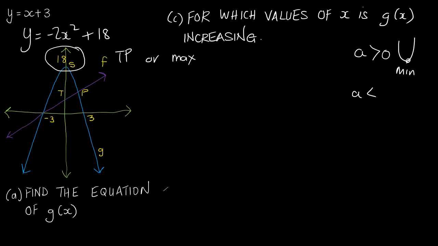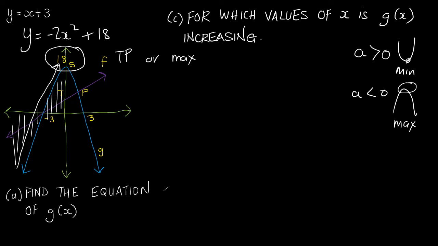Then when a is less than 0, we'll say that this graph is sad, so this here will be our maximum value. Now basically what we are asking here is, for which values of x is g of x increasing. So we know that 18 is our maximum value, so we notice the graph will start tending towards the maximum value on this side of the graph. That means all these values here.